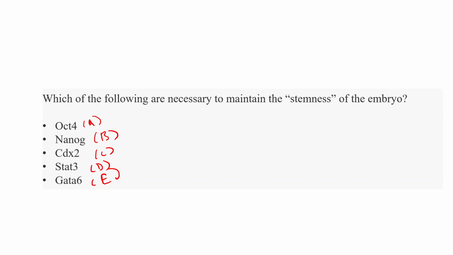Okay. So Oct4, why Oct4? Oct4 is also known as POU5F1. So basically, it is a master regulator of pluripotency. It keeps the embryonic cells undifferentiated and it works with SOX2 and Nanog.